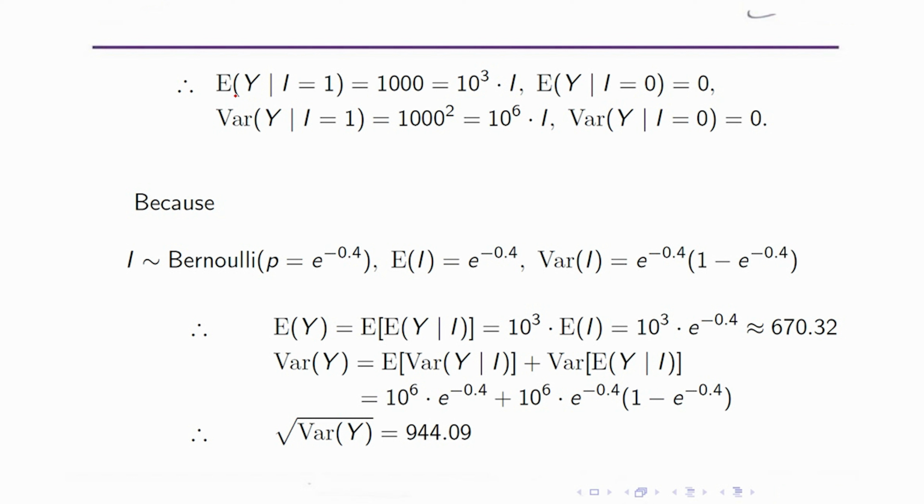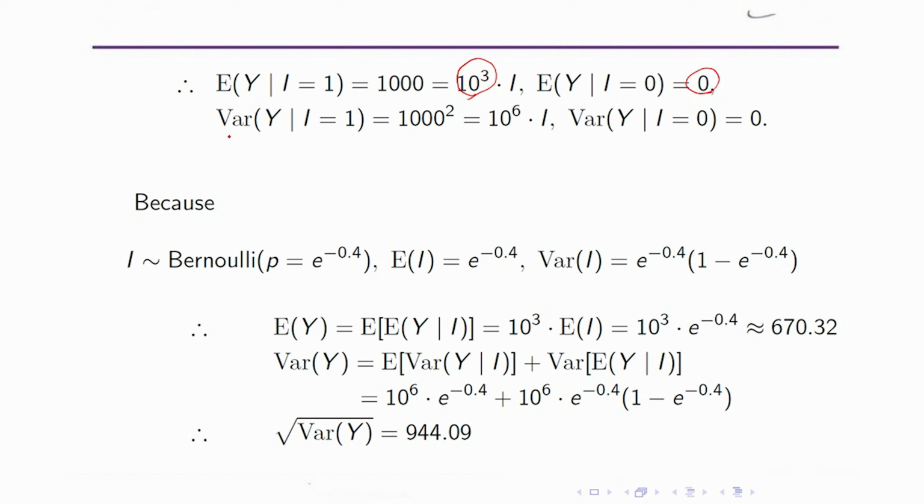So the expectation of Y is equal to 1000, just like X. And if I is equal to 0, that means X is less than 400, then the expectation of Y is equal to 0, because if the amount of damage is less than 400, the insurance company is not going to pay anything, right?